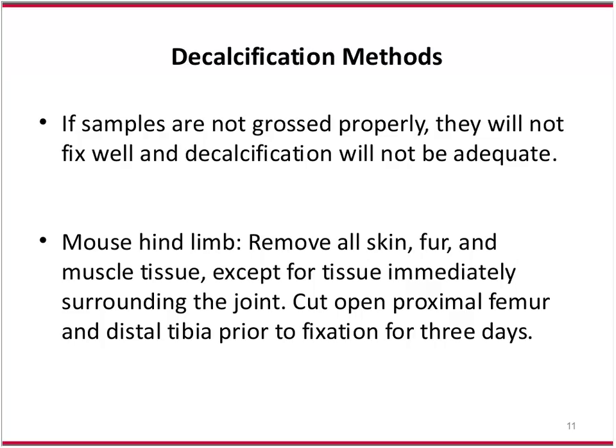When we gross this, we remove all the skin, the fur, and the muscle tissue, except for that which is immediately around the joint, because we are the Center for Musculoskeletal Research within the Department of Orthopedics. We are very interested in the joints, whether it be arthritis or some sort of manipulation. So we need to leave extra tissue around the joint to support it.